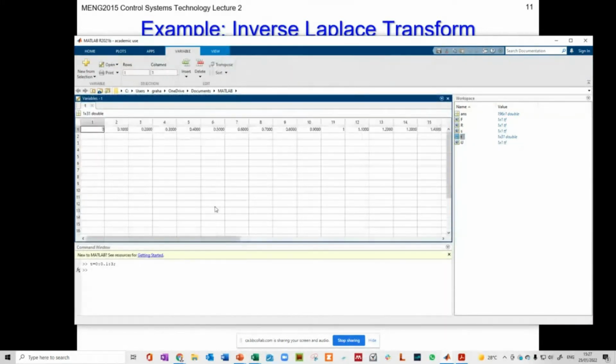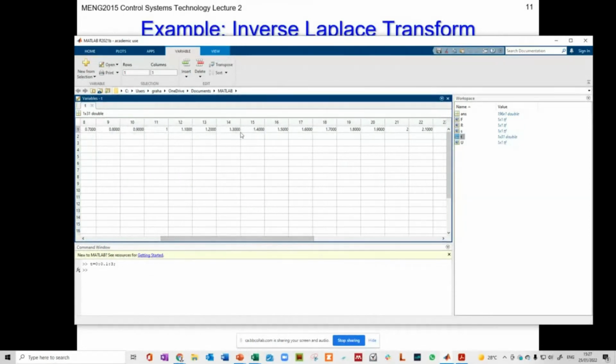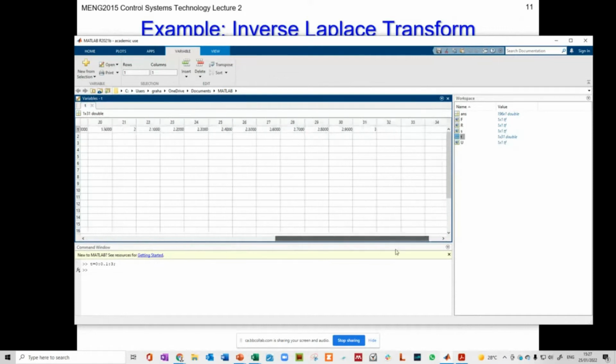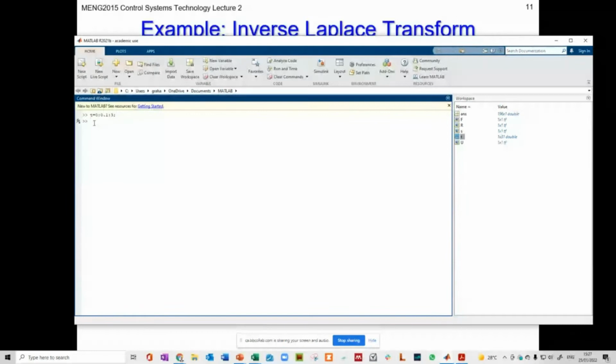If I double click on this, this is my time t showing up here. I've just gone up in 0.1 of a second steps and created this matrix. Now I can use the equation I typed before, because I had my t as a variable here, but I hadn't defined that matrix yet.